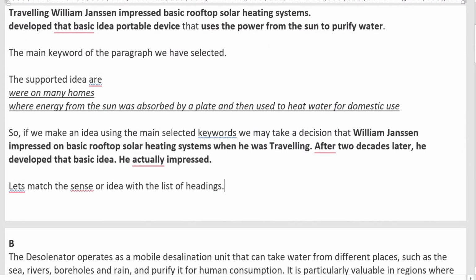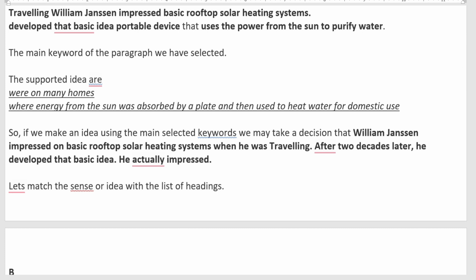William Janssen was impressed with basic rooftop solar heating systems when he was traveling. Two decades later, he developed that basic idea. He was actually impressed.